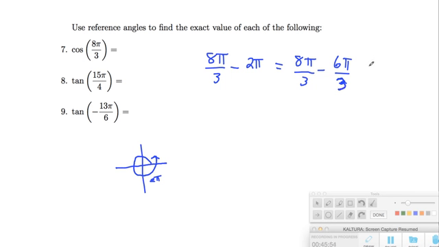So 2 pi is the same thing as 6 pi over 3. So this is really 2 pi over 3. Now 2 pi over 3 is 2/3 of the way to pi.